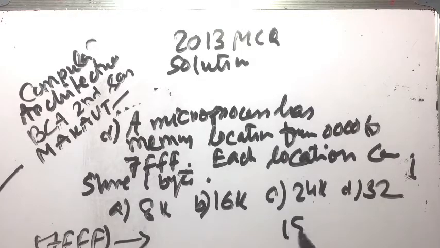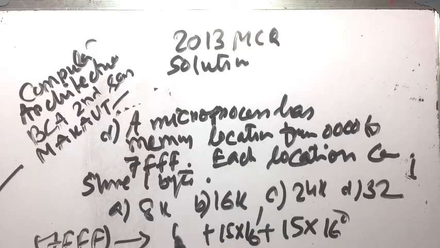F means 15, so 15 into 16 to the power 0, plus 15 into 16 to the power 1, plus 15 into 16 to the power 2, plus 7 into 16 to the power 3.